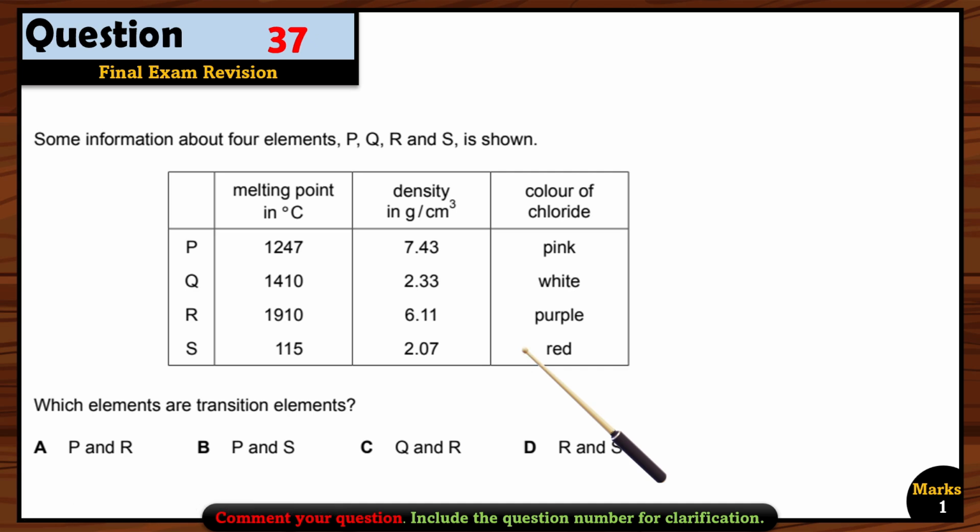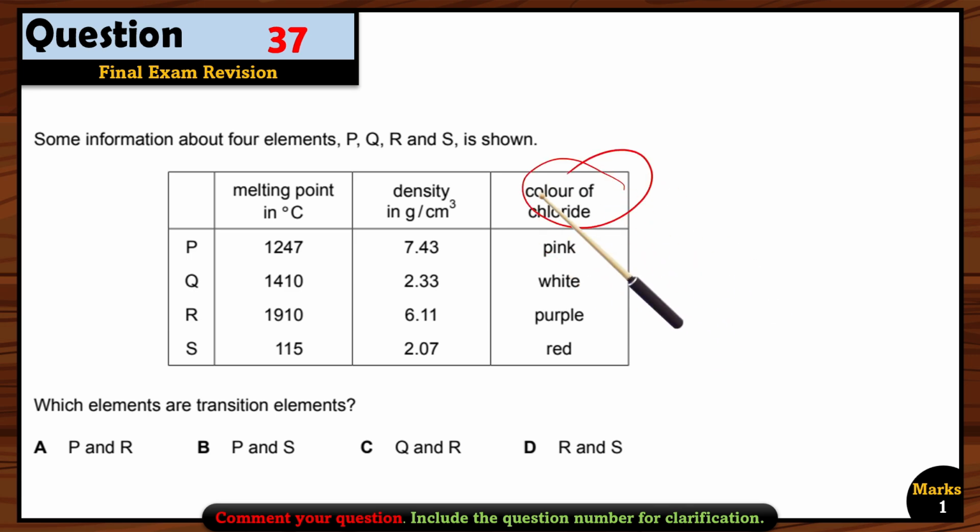Let's see another question. Some information about 4 elements P, Q, R, and S is shown here. Which elements are transition elements? To answer, you need to remember some properties of transition elements. These are physical properties, and this one is actually a chemical property.